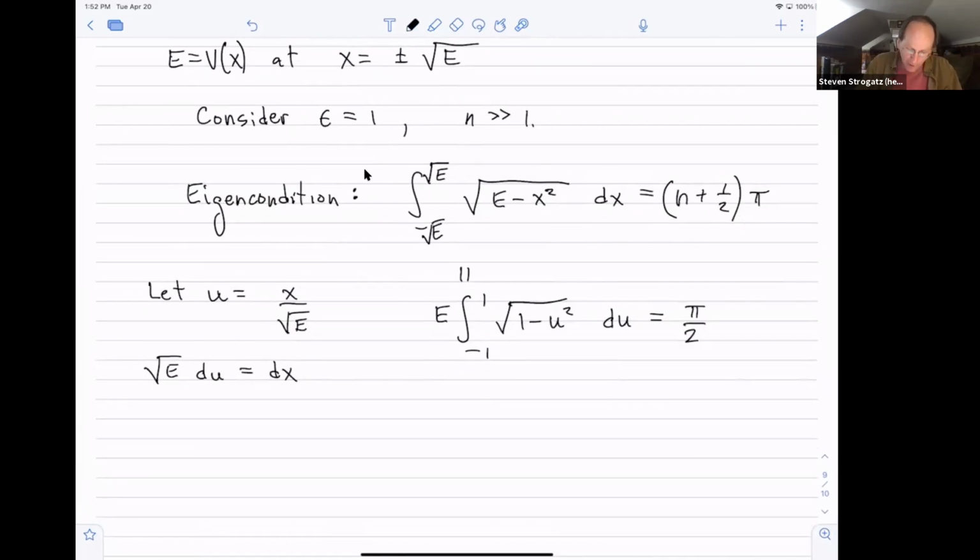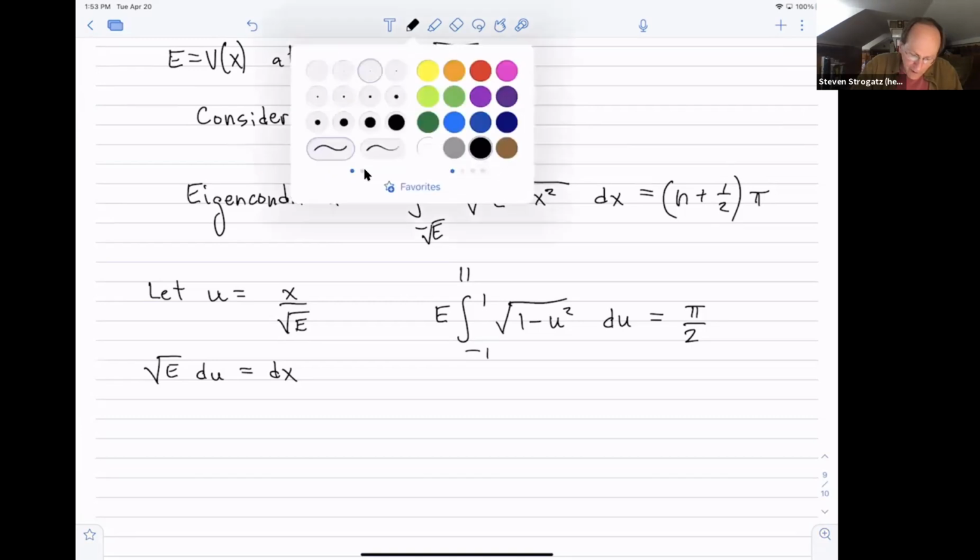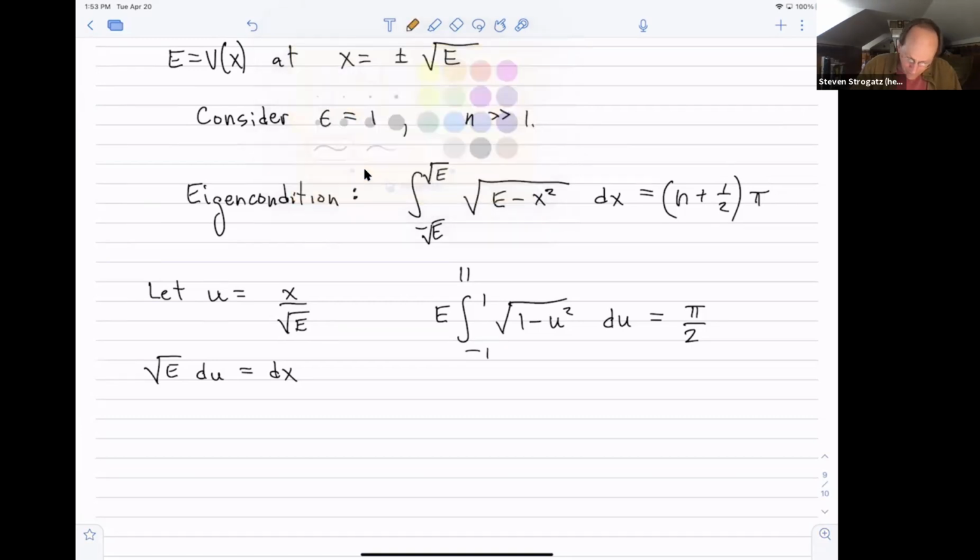I mean, this is the area under a circle, right? This is the area of a semicircle, the unit semicircle. You could think of it that way. So pi over 2 times e.